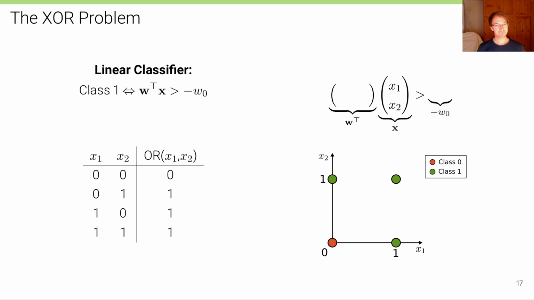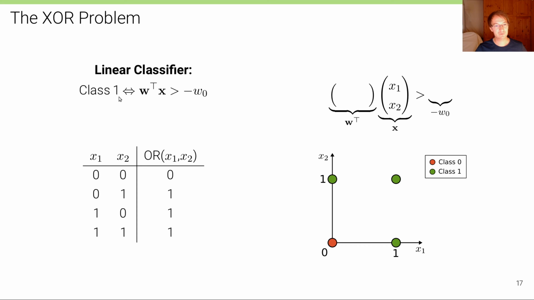Okay, so now let's look at some concrete problems that we can solve with this simple classifier. Let's look at some of the most simple problems that we might want to solve: some logical Boolean operators. Let's start with the OR operator. Just to remind ourselves, I've put the classification rule on the top here.